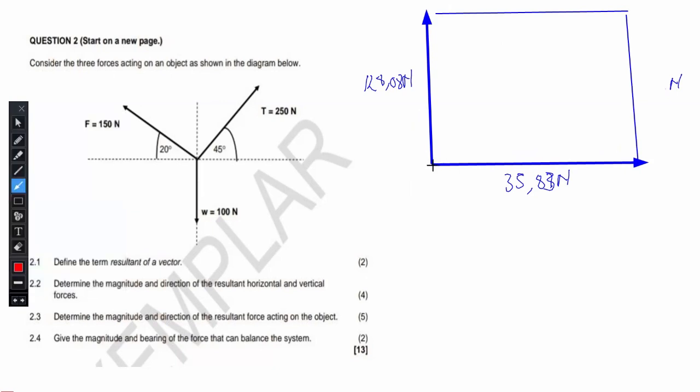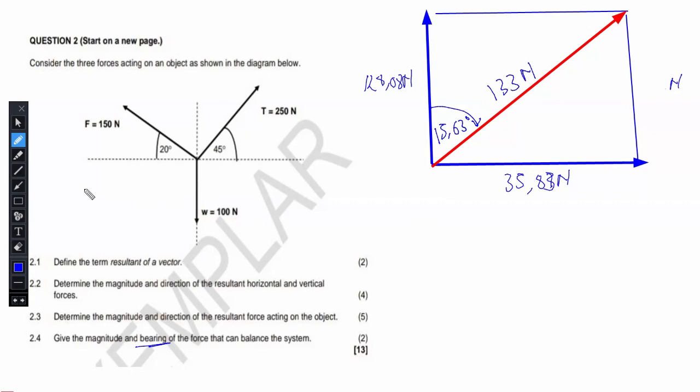So my resultant was all the way like that. And then the bearing here, because they're saying I must get the bearing. So the bearing was 15.63. Now, the resultant, the F res, what did I get? Calculating my F res, I got 133 newtons.